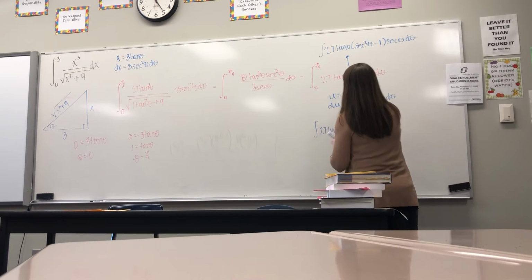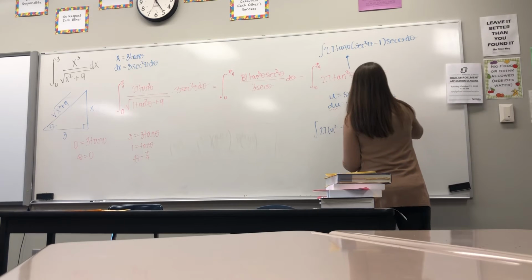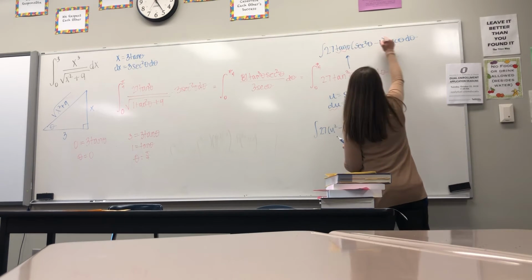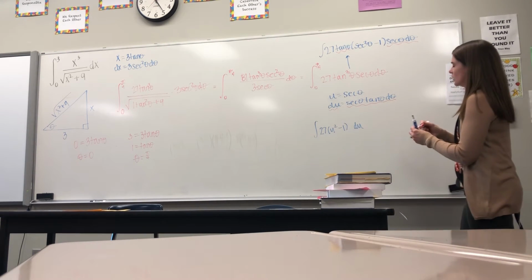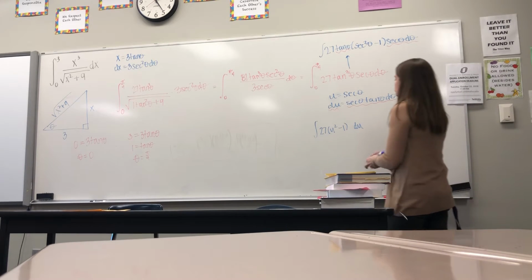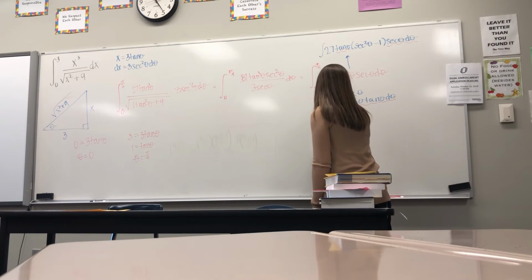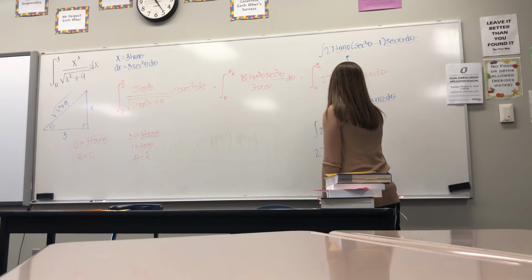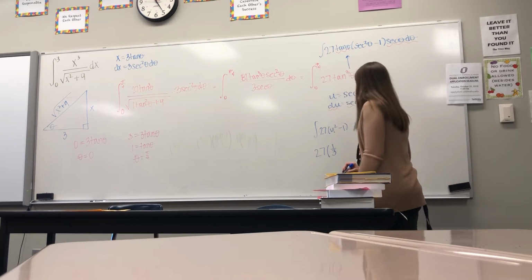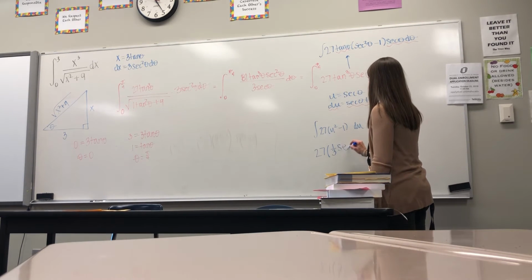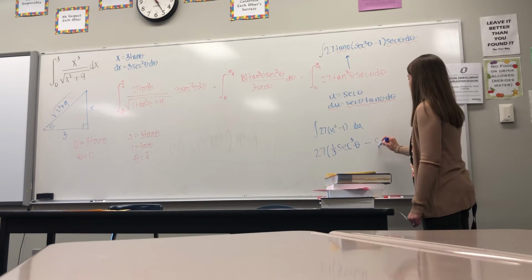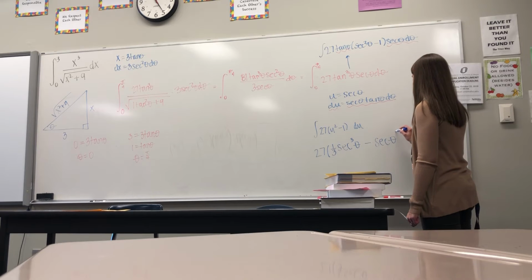Because du needs to equal secant theta tangent theta, and here is secant theta tangent theta, and then the other part is u squared. Okay, so we have 27 times 1/3 u cubed minus u, evaluated from 0 to pi over 4.